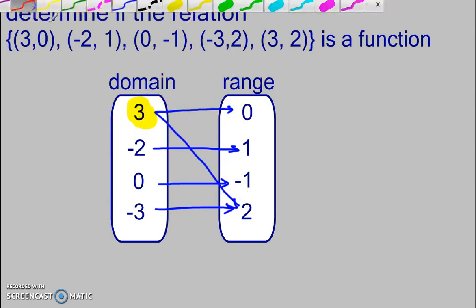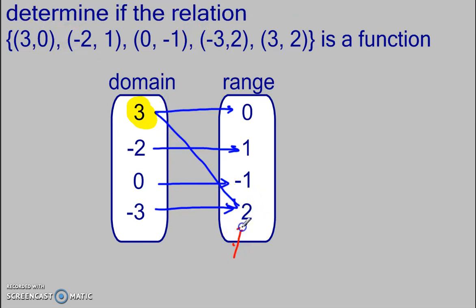We don't care about the range, that doesn't matter. All of these could be paired with 2, but what we care about is the domain. No value in the domain can be paired more than once, and notice there are 2 pairings coming away from this value, so this is not a function.